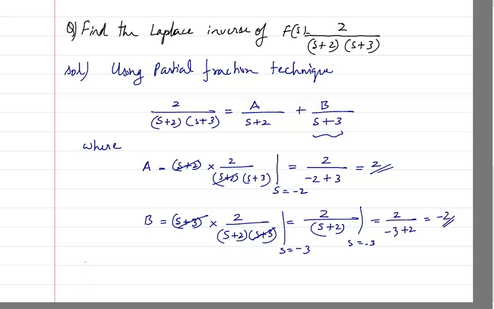Therefore, F of s can now be written as, for A we have got the answer 2, so I will write 2 divided by s plus 2, and for B I have got the answer minus 2, so I will take this minus and put it here.